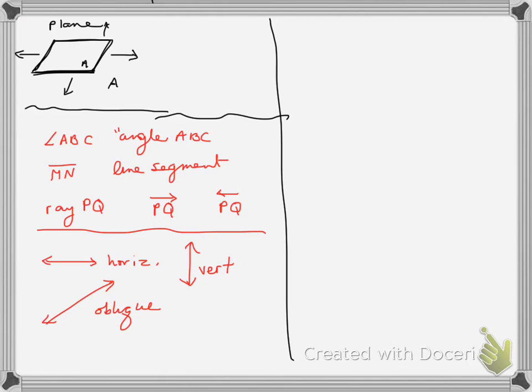Remember, when you have an angle here, this is the vertex. The endpoint of the two rays is called the vertex. Okay, I think you should be able to do 8.1 very easily.